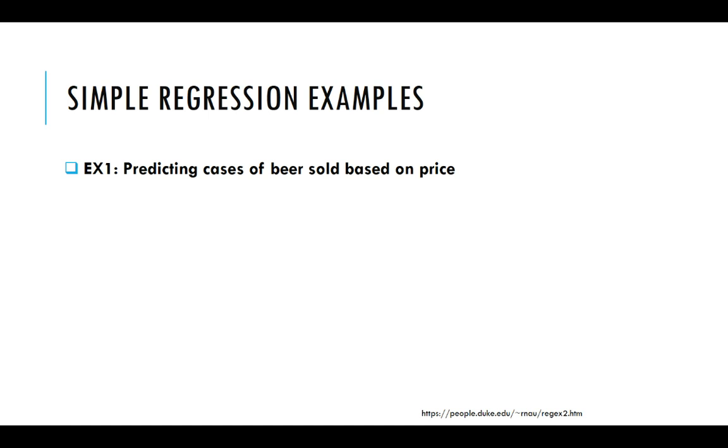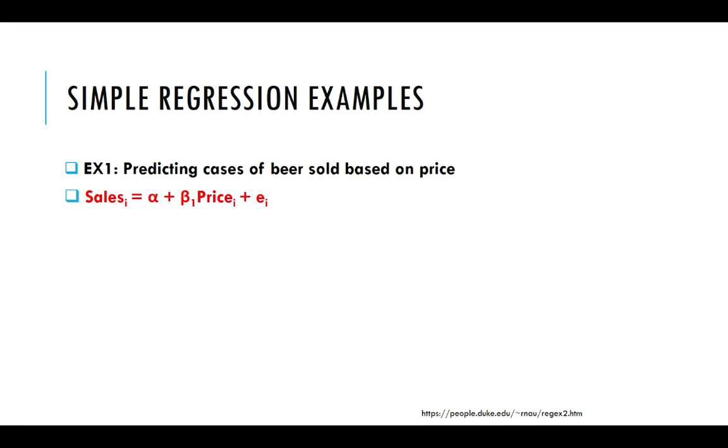So example 1, let's say we're predicting cases of beer sold based on price. We're still in a world of simple regression. We only have one explanatory variable. Everyone agree that beer sold is my dependent variable, right? Price is my explanatory variable.